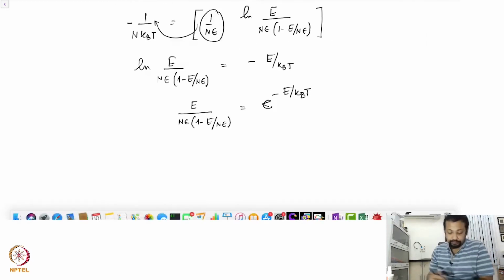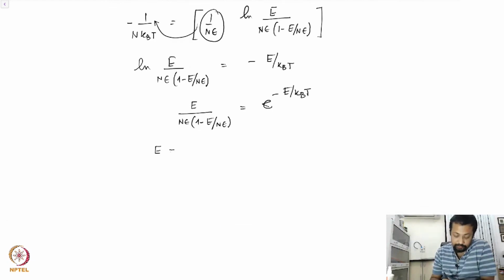Good. So now one proceeds to simplify this expression.